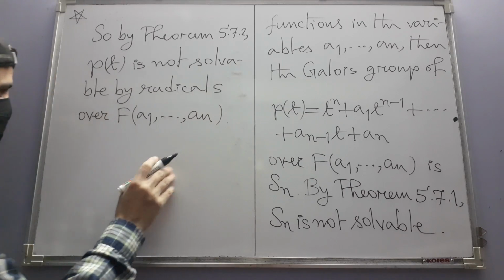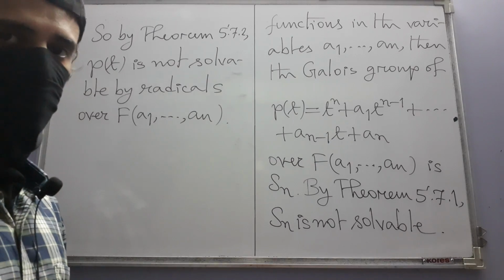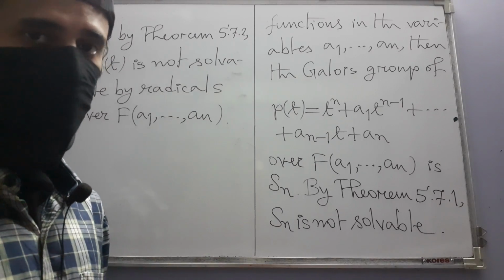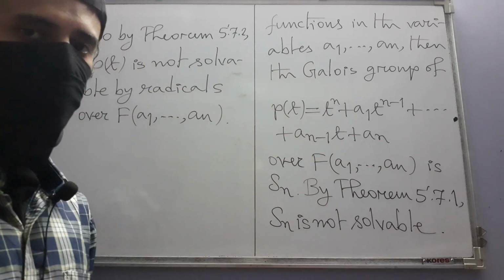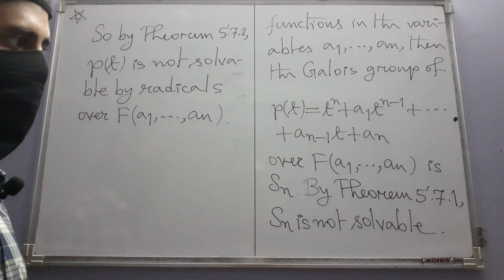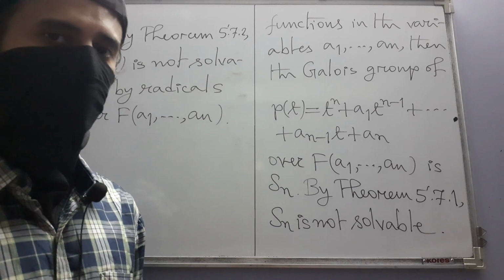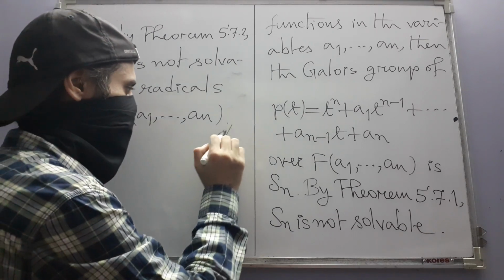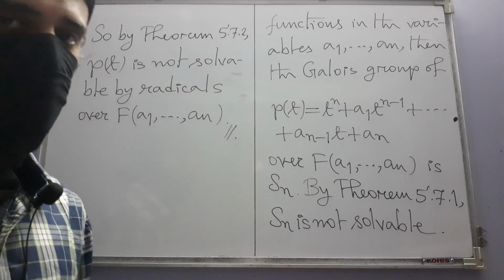And solvability by radicals over this, in other words, is solvability by radicals in general, for the general polynomial where these coefficients are also variable. And that's why the general nth degree polynomial is not solvable by radicals if n is at least 5. So the proof ends here itself, and the section also ends here.